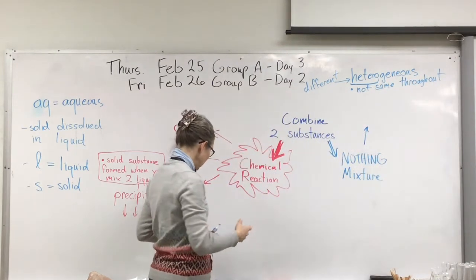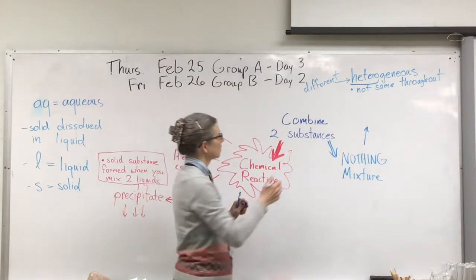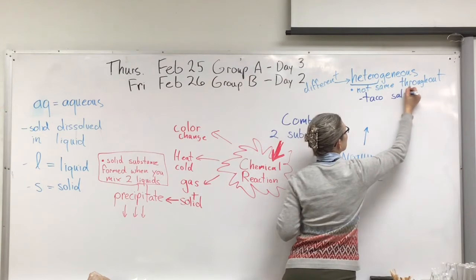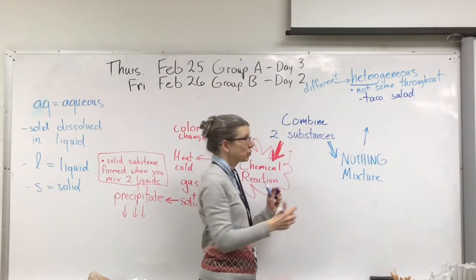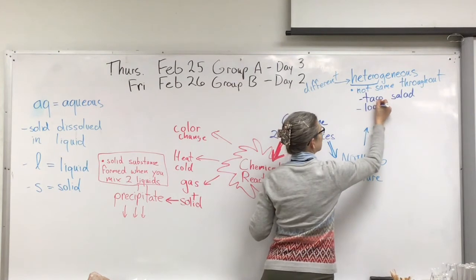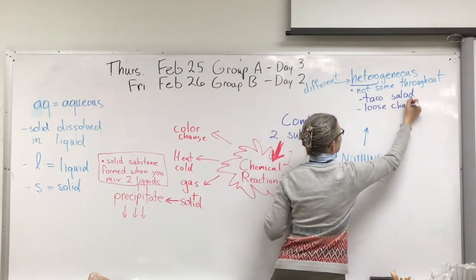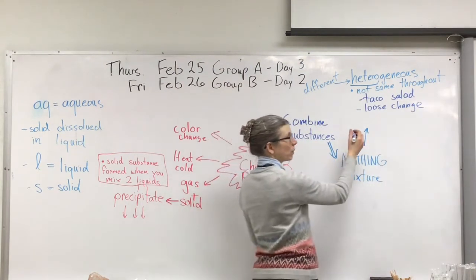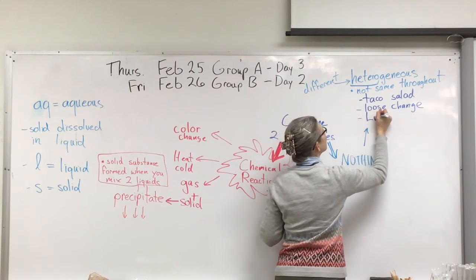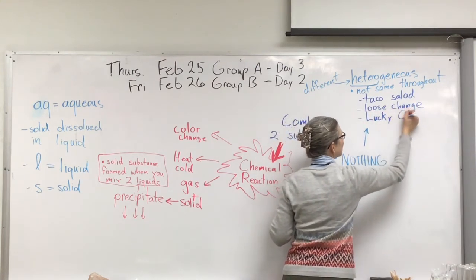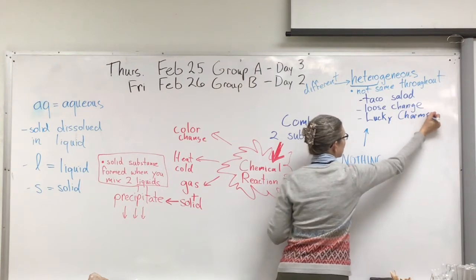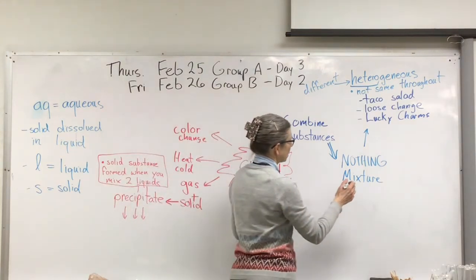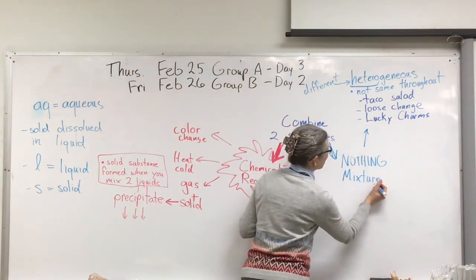Examples of a heterogeneous mixture would be something like a taco salad, loose change in your pocket, and a lot of kinds of cereal, like one of my favorites, Lucky Charms. Those are all heterogeneous.